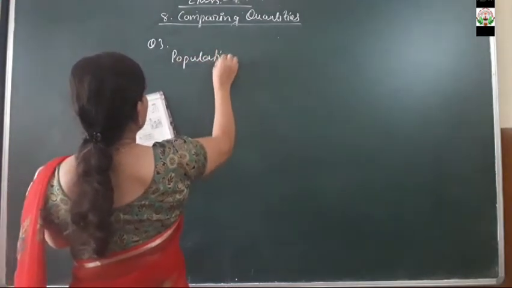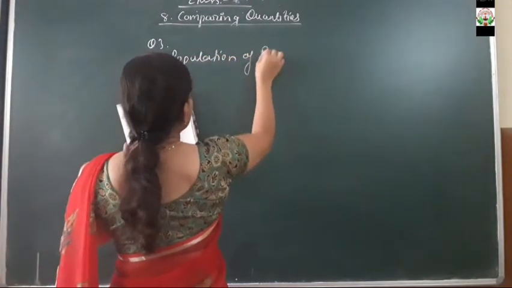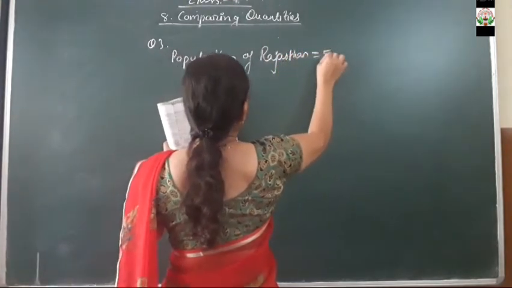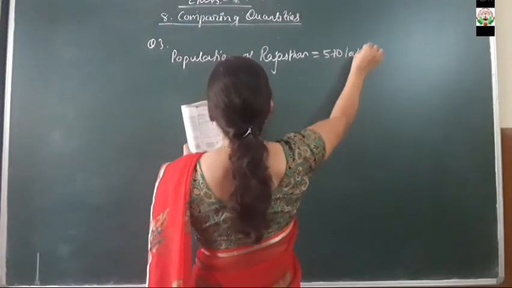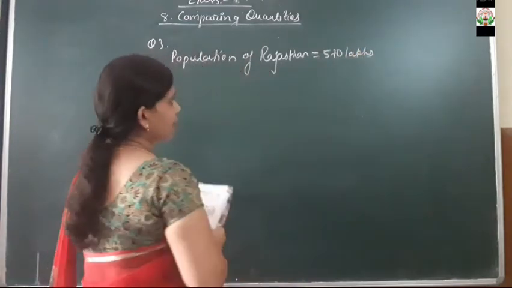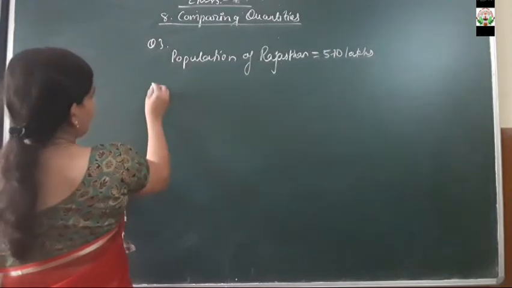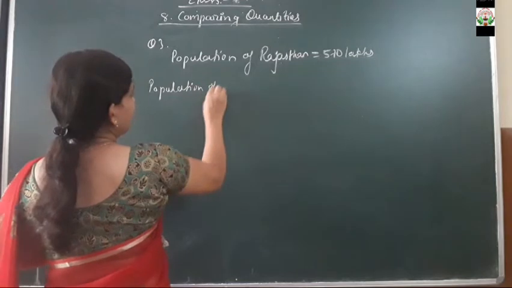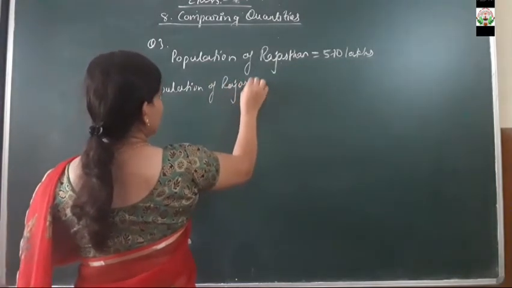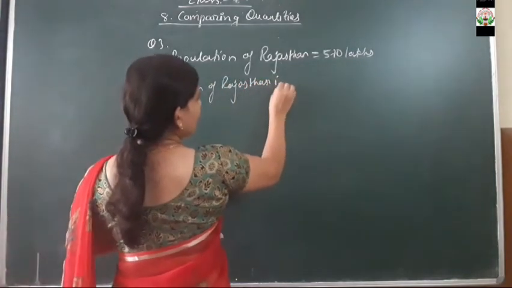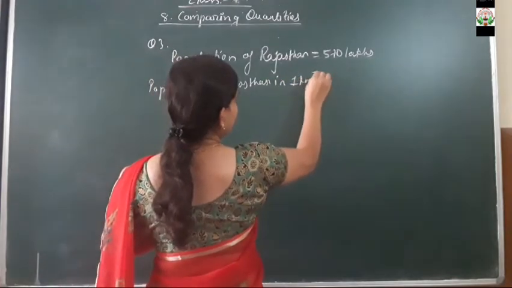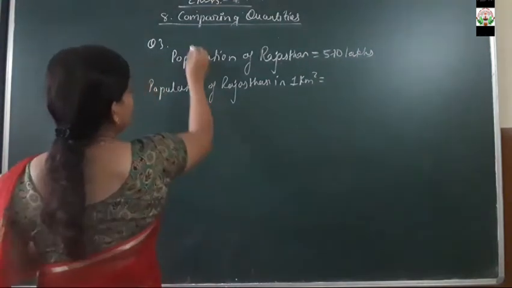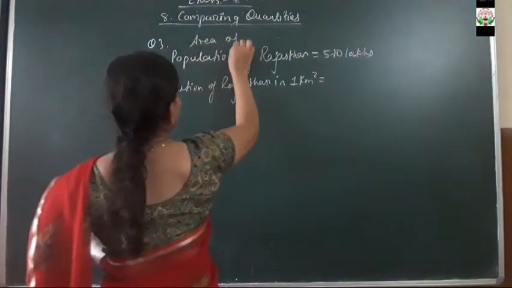So for that, what we are going to do is: population of Rajasthan. Population of Rajasthan is 570 lakhs. Okay, 570 lakh. Now population of Rajasthan in 1 kilometer square area is equal to how many?